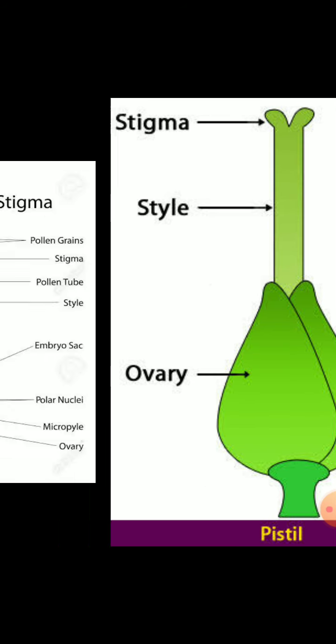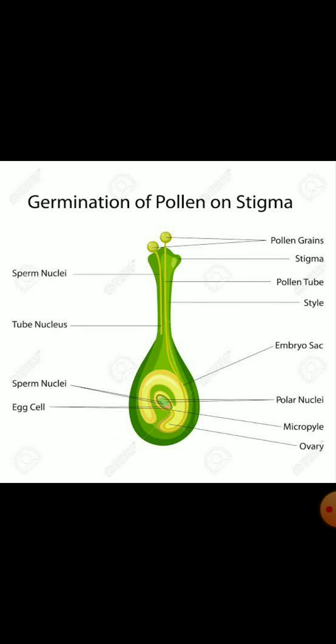So, when the pollen grains occur at the stigma, in the picture we can see clearly there are pollen grains on the stigma. These pollen grains need to be transferred to the ovary, because where is the female germ cell? It is in the ovary.